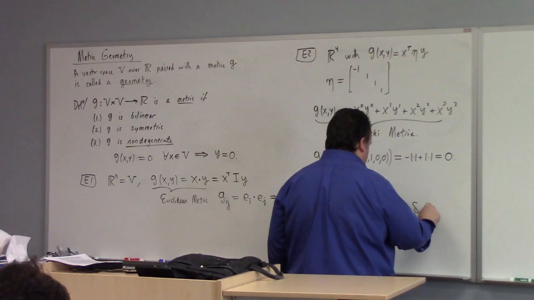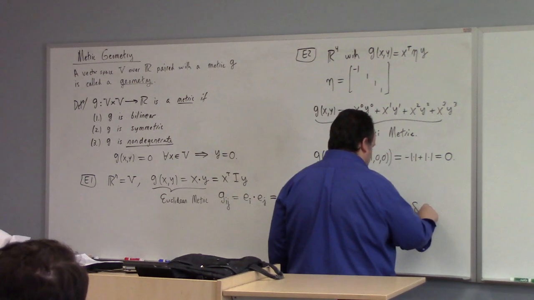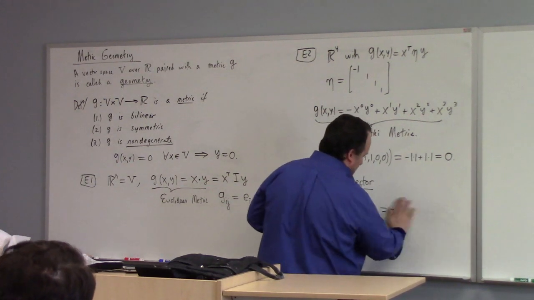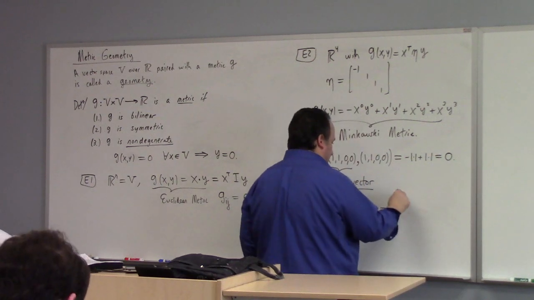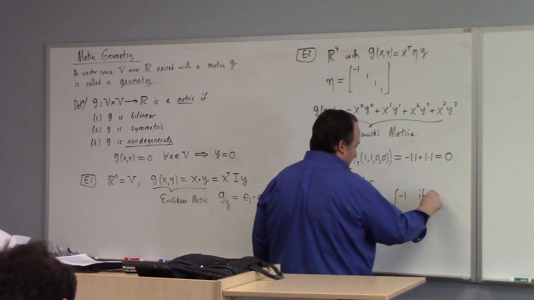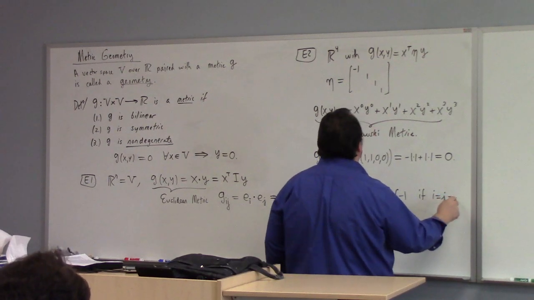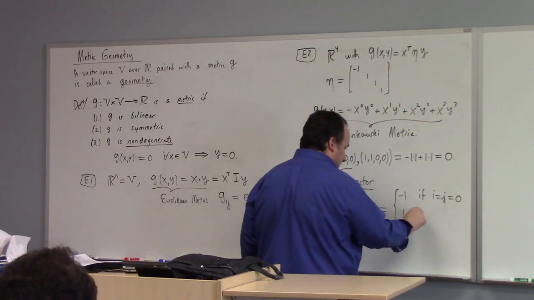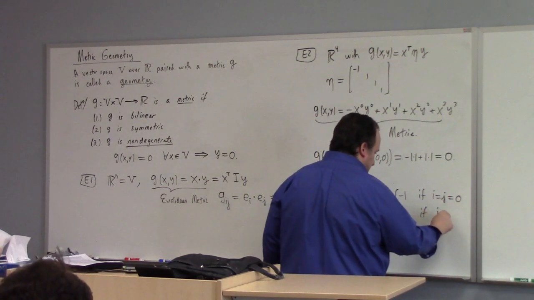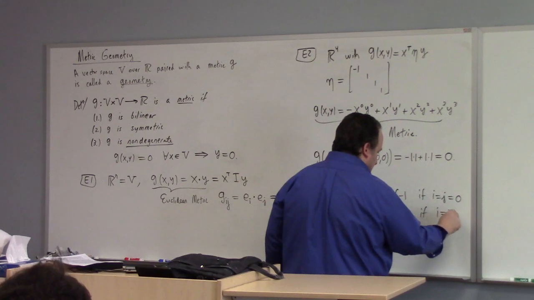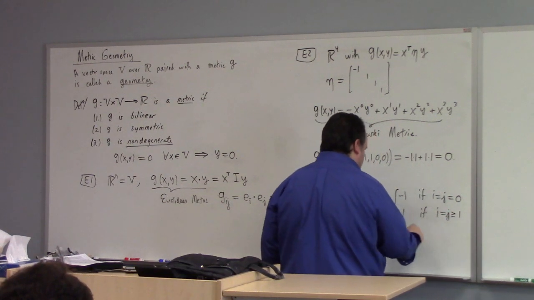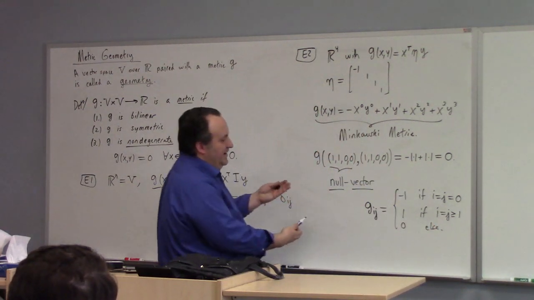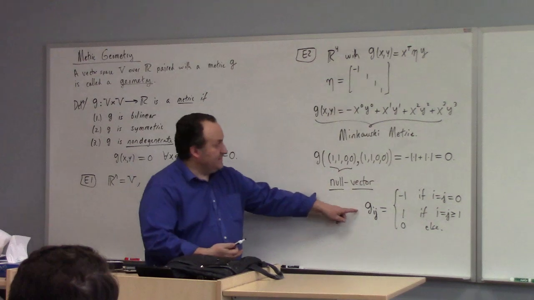Minus 1 if i equals j equals 0, or 1 if i is equal to j is greater than or equal to 1, 0 else. What I'm trying to say in a nutshell is it's like that.